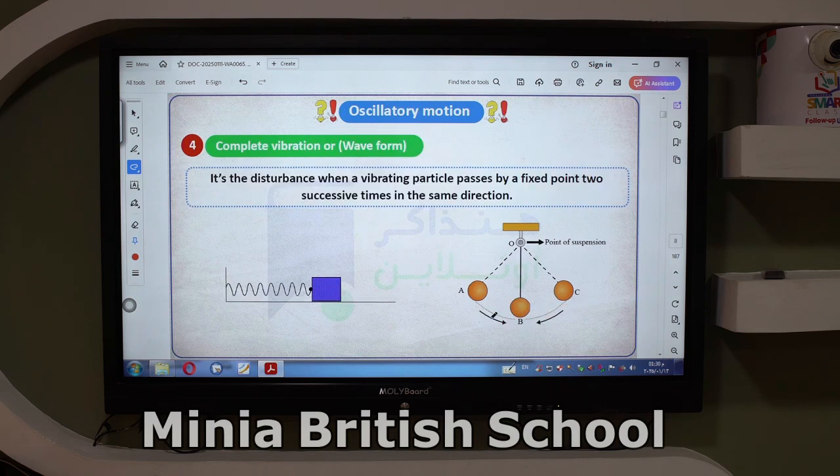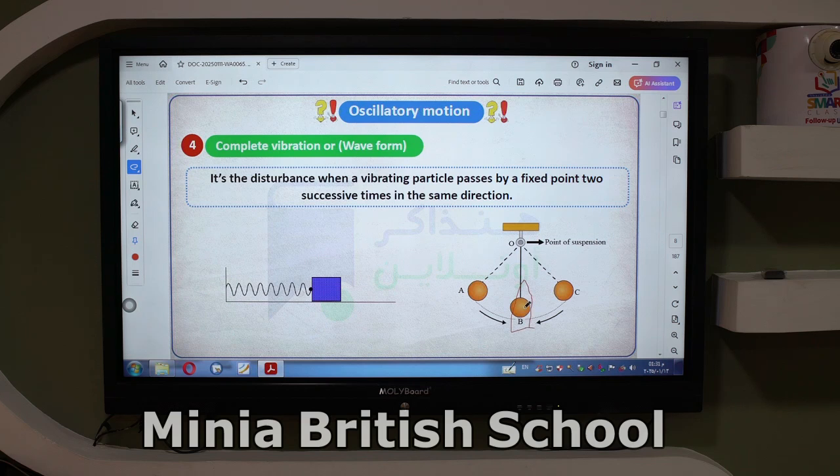Complete vibration or wave form. Complete vibration means that we have a motion or vibration that passes by a fixed point. This fixed point, we pass through it 2 successive times in the same direction.